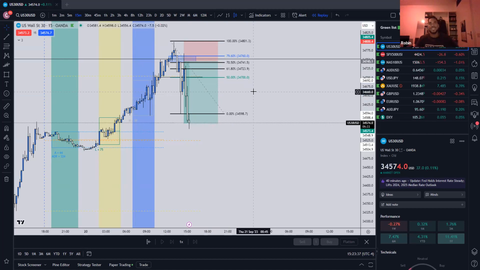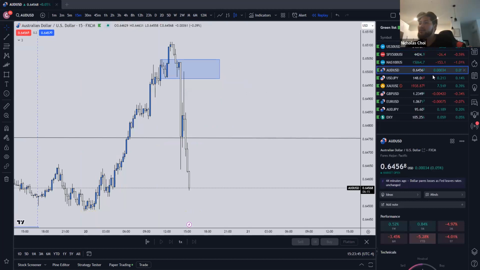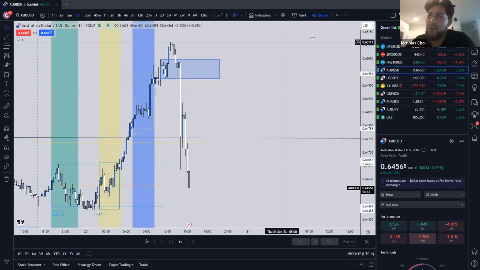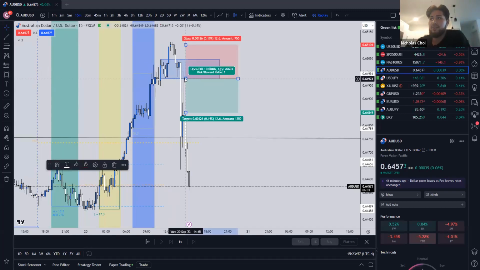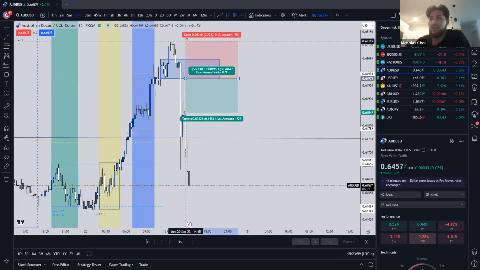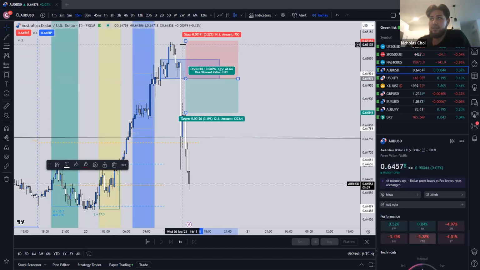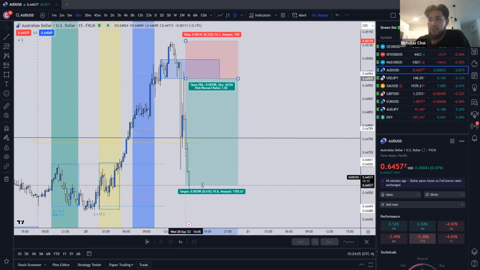Does look nice. Phew, AU went crazy, bro. AU is the cheapest pair to trade as far as margin cost. So if you would have taken this, for example, and had a stop loss up here, this is 40 pips.